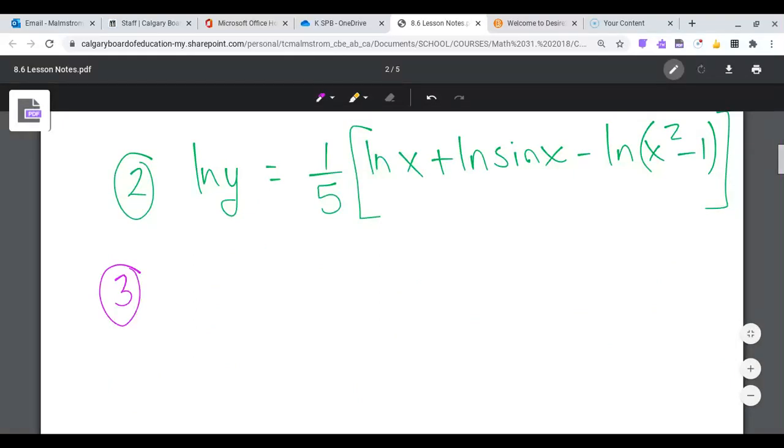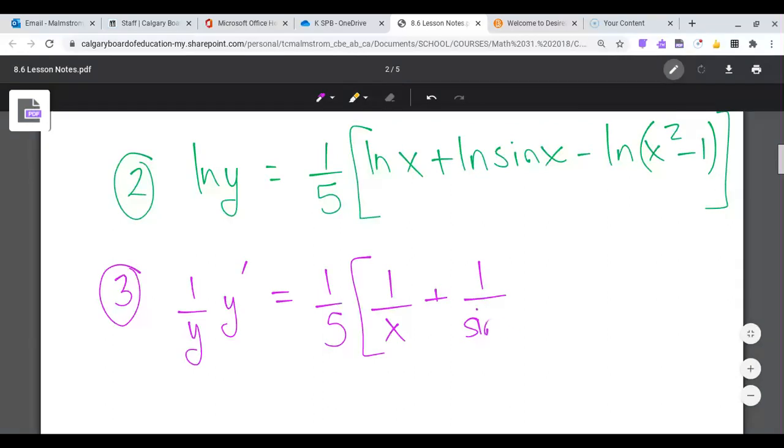Step 3 is where we actually get to differentiate. So the derivative of ln y is 1 on y times y prime, which is equal to 1/5 multiplied by the derivative of ln x, so 1 on x, plus the derivative of ln sine x, so 1 on sine x, multiplied by the derivative of the argument, sine, which is cos, minus, gone with the lns, 1 on x squared minus 1.